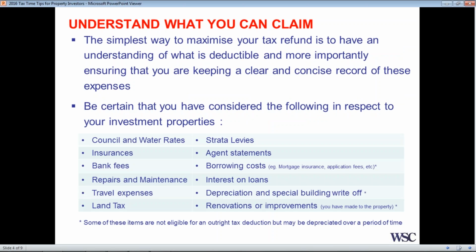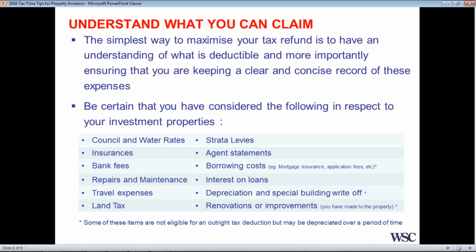So without any further ado, let's have a look at what you can actually claim. Basically the simplest way of maximising your tax refund is making sure that you have an understanding of what's deductible, and more importantly ensuring that you keep a clear and concise record of these expenses.